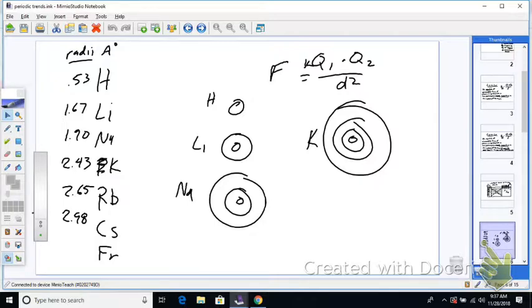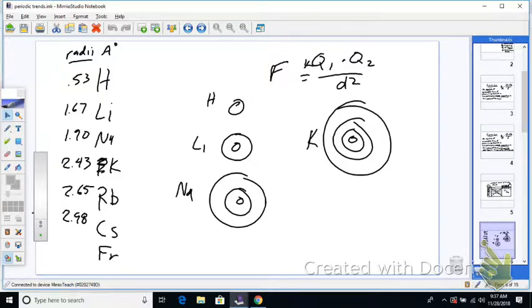And this is why I think the reason is for that. Because as you go down a group, you add on extra energy levels. And extra energy levels means they're farther from the nucleus. And when they get farther from the nucleus, it makes the atom bigger. So then that would be my argument. And I would be okay with that argument.